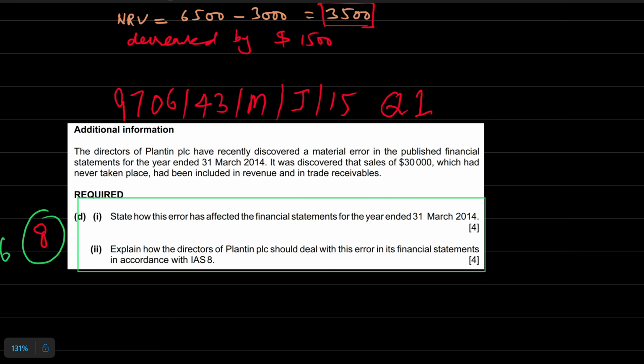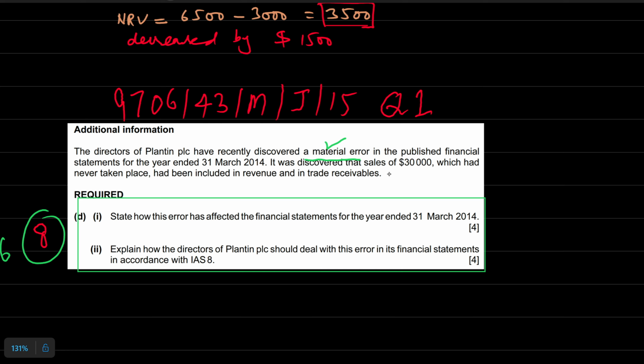May June 15, question paper 4-3. The directors of Plantin PLC have recently discovered a material error in the published financial statements. So students, IAS 8 requires correcting all material errors for the year ended 31st March 2014.